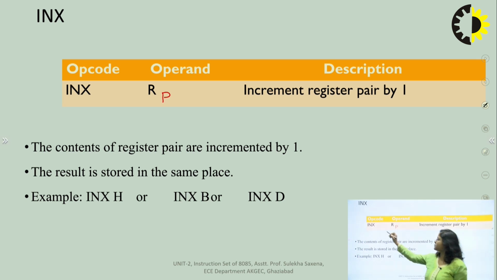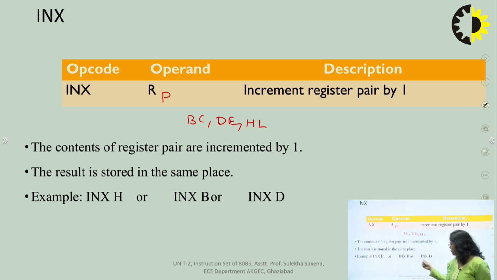So INX will be added, the operand will be a register pair, and the register pair can be BC, DE or HL. So we can write INX H, INX B or INX D. D means DE, B means BC and H means HL. So the content of the register pair will be incremented by 1.